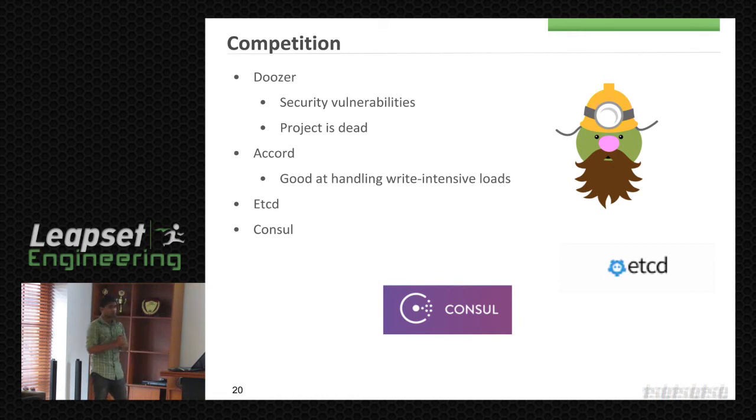So for optimal behavior, they expect 80% reads and 20% writes. But if your requirements are different, if you have more write-intensive loads than read-intensive loads, you can go with Accord.